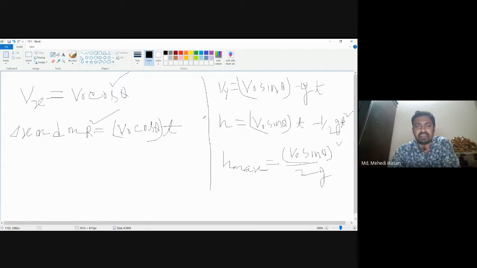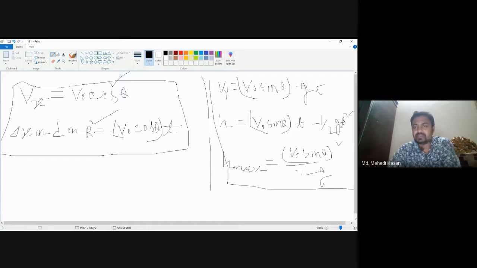So these are the 5 equations. These two are mainly for horizontal, and these 3 are for vertical. These are the equations of motion in the two-dimensional or projectile case.